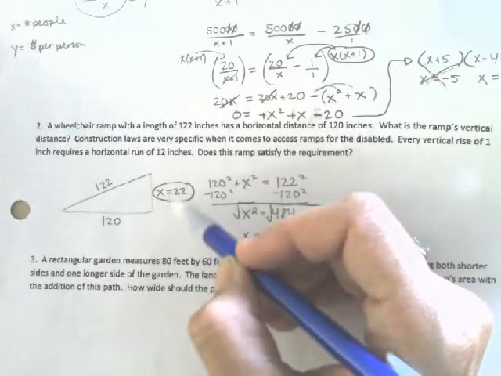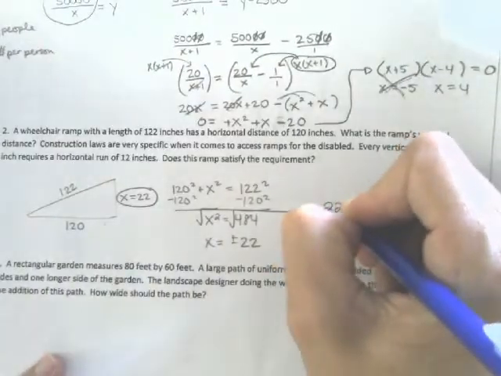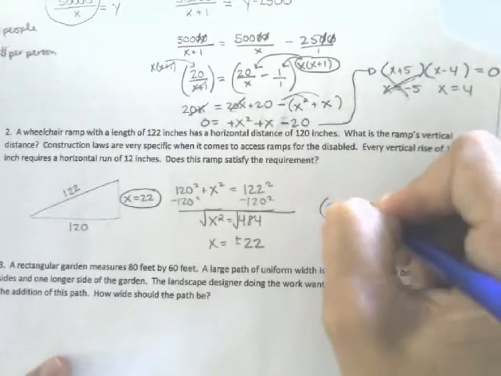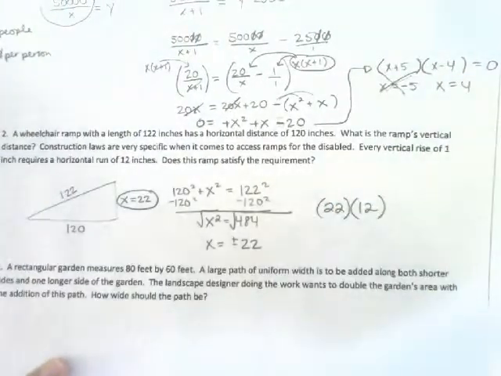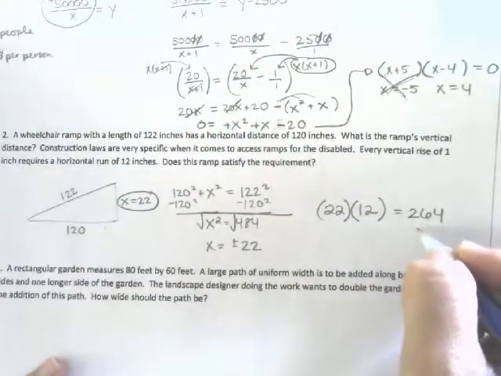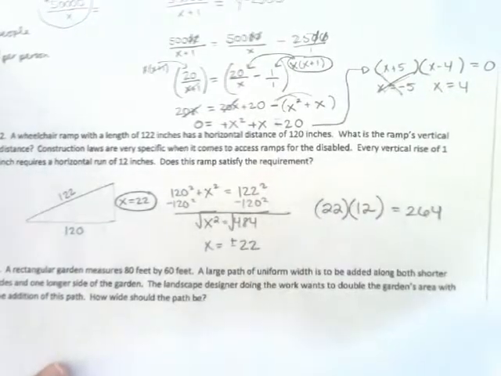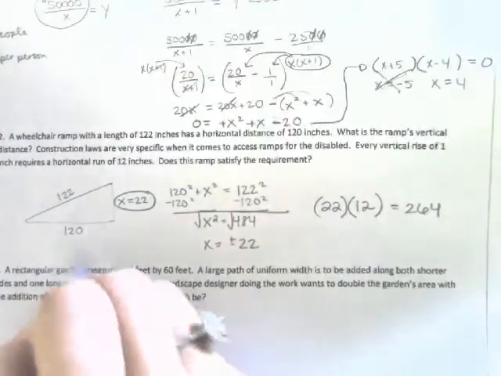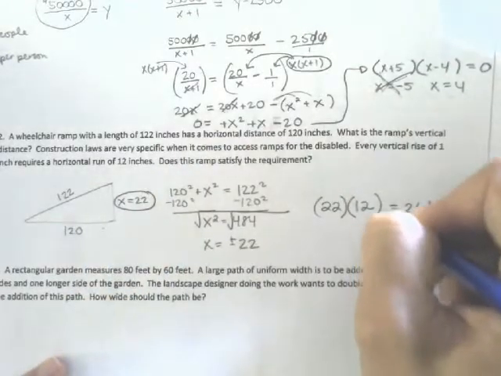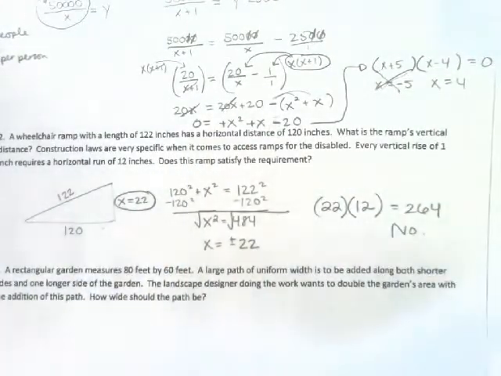So every one of these 22 inches has to have a horizontal run of 12 inches. And 22 times 12 is 264. Is this ramp up to code? No, we don't have the 264 that we need. It's way off. So the answer would be no for that follow-up question.